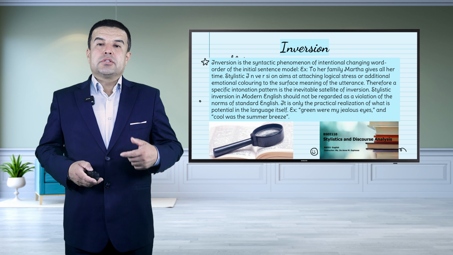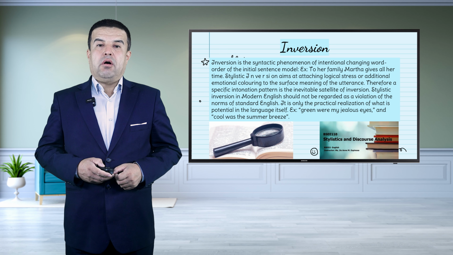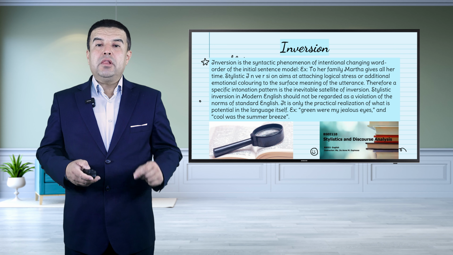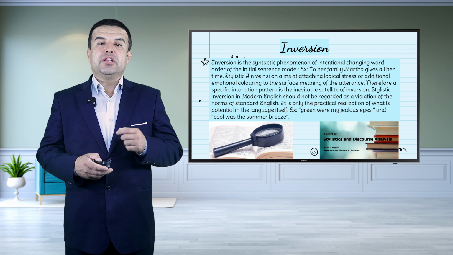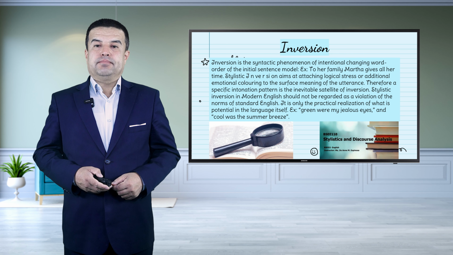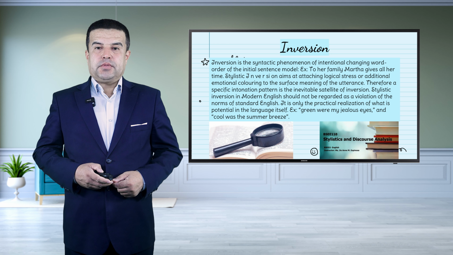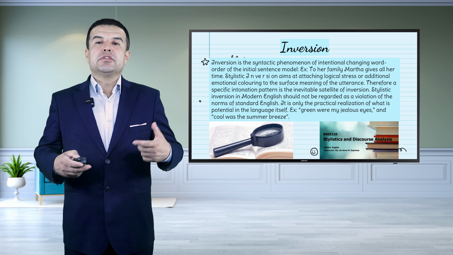Stylistic inversion in modern English should not be regarded as a violation of the norms of standard English. It is only a practical realization of a potential in the language itself. One example: green were my jealous eyes, and cool was the summer breeze.